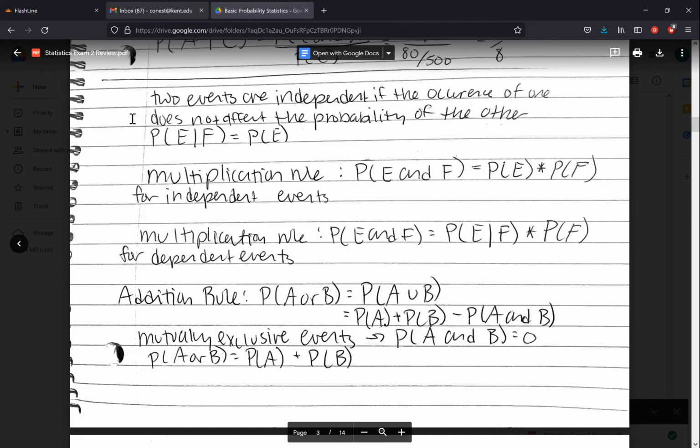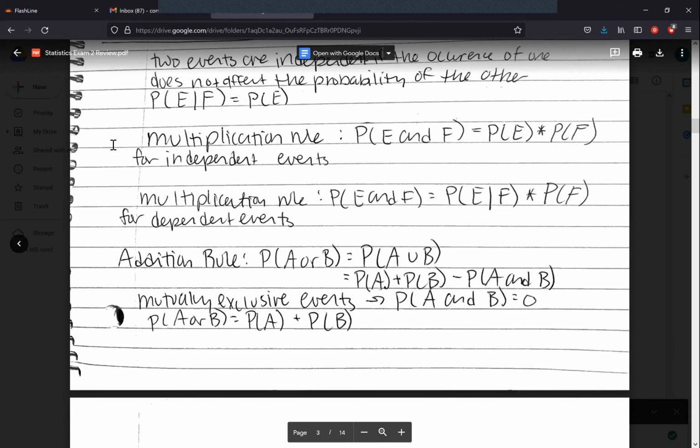And we can derive some rules for this, and a lot of times, especially on the homework, you were given certain probabilities, and using those probabilities, you have to find other probabilities. So one way you can do that is using these equations and rearranging them.